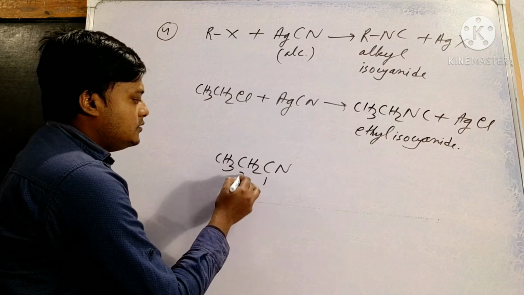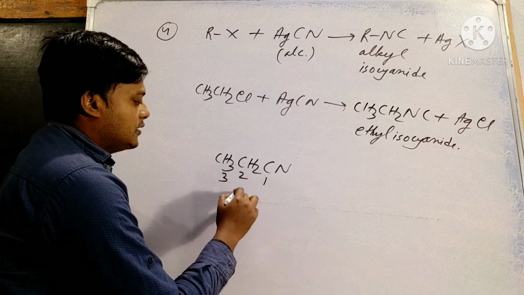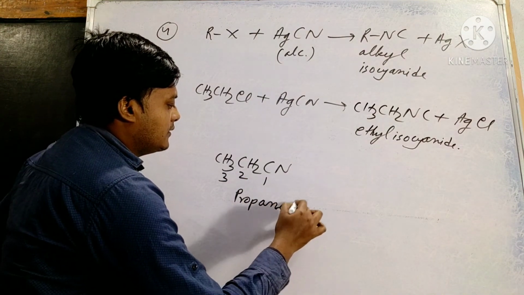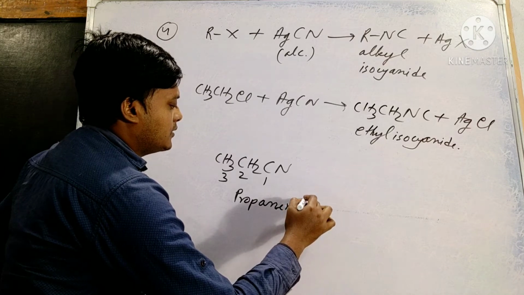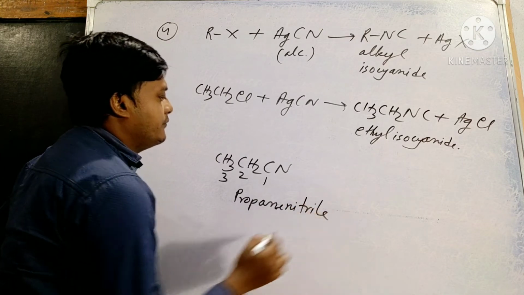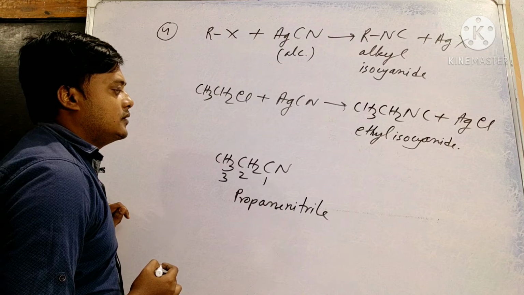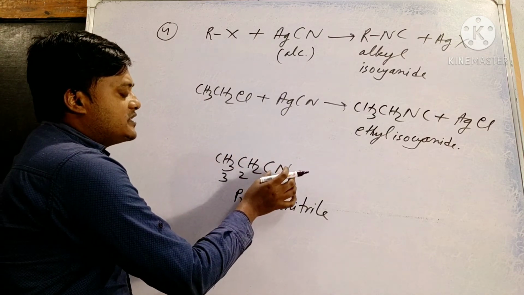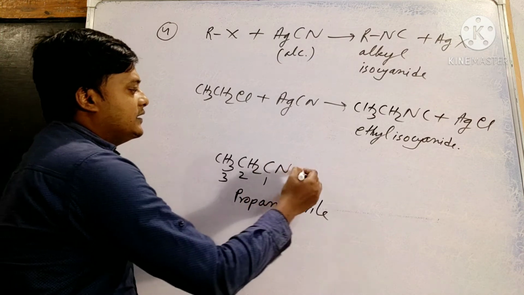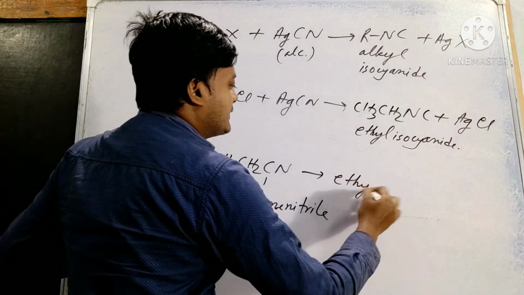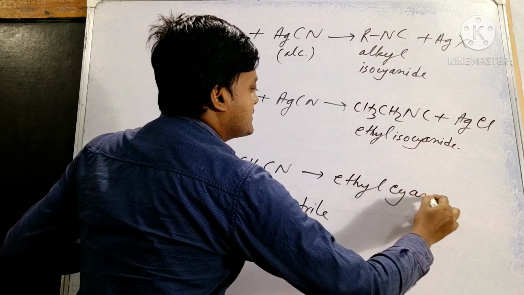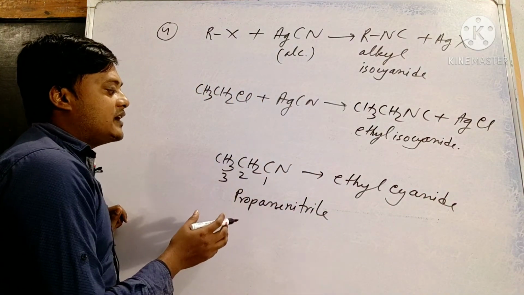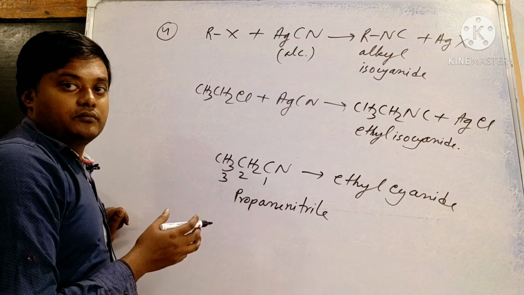So 1, 2, 3, it is propane nitrile. But if we do not count the carbon present in the cyanide, then it will be ethyl cyanide. So ethyl cyanide and propane nitrile are the same compound.